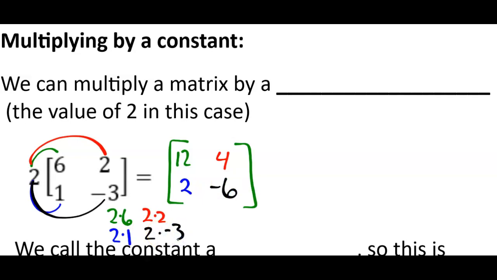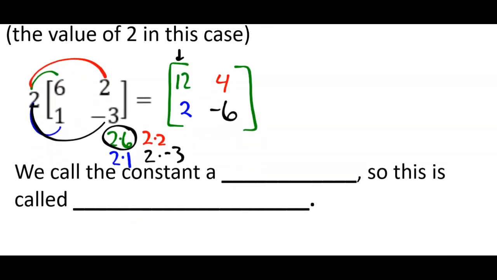So it's important that we know where this number came from, being the 2 times 6, the 2 times 2, 2 times 1, 2 times 4. Okay? We call the constant that we're multiplying by a scalar.